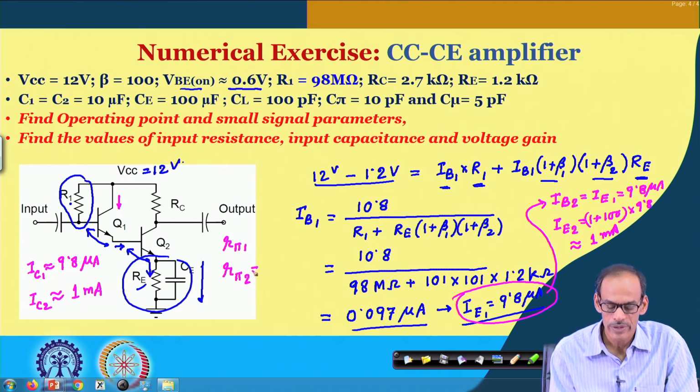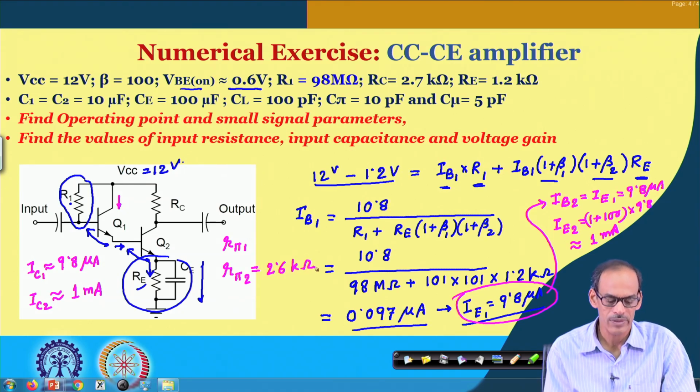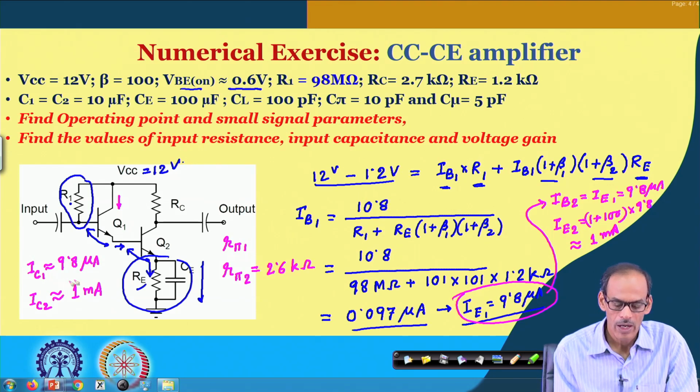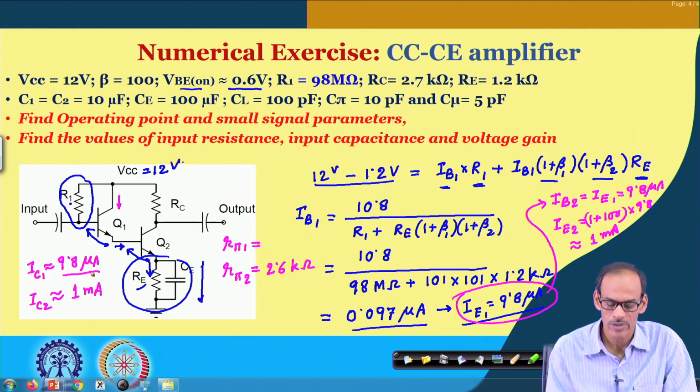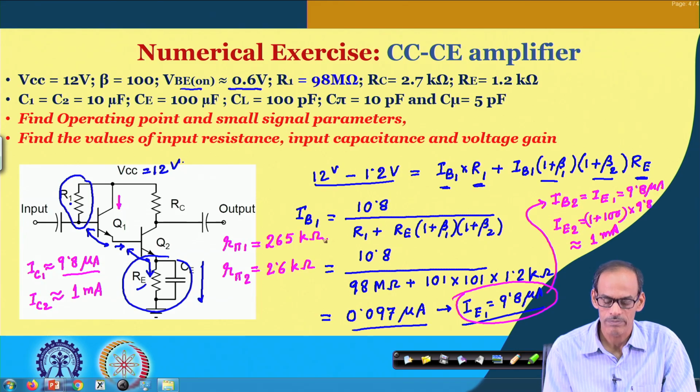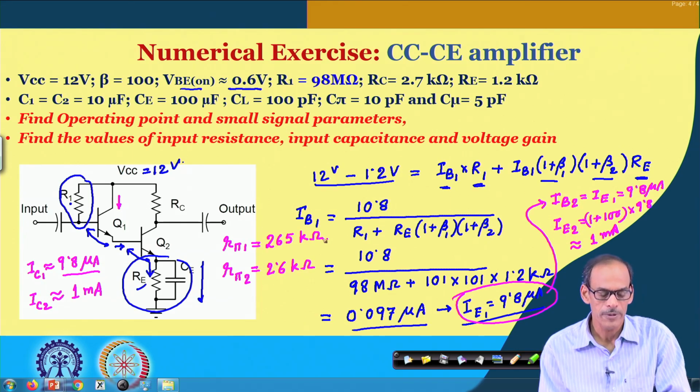R pi 2 is 2.6 kilo ohm. Earlier we have done this calculation, and on the other hand R pi 1, with its current quite low, in my calculation was around 265 kilo ohm. Yeah, I think around that.